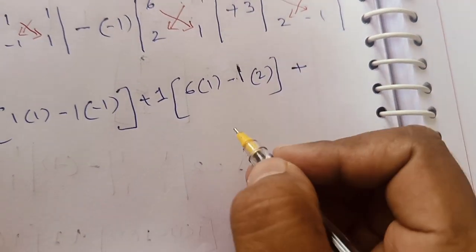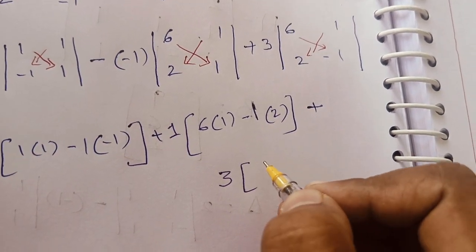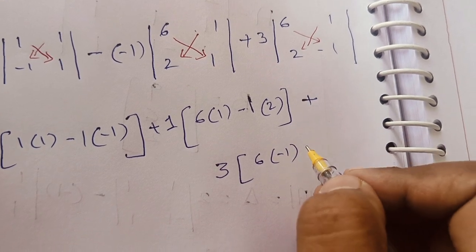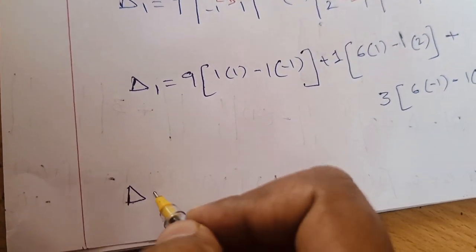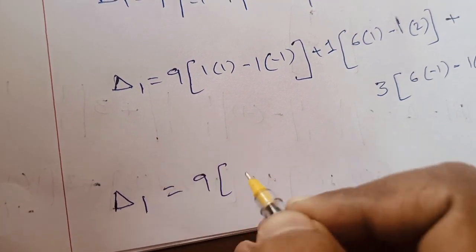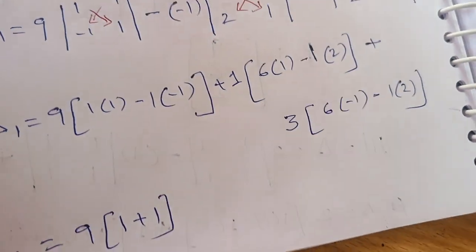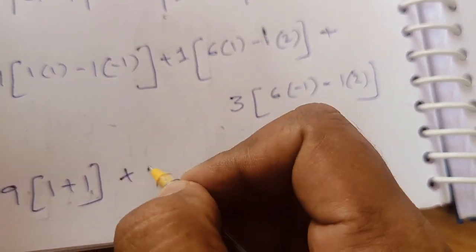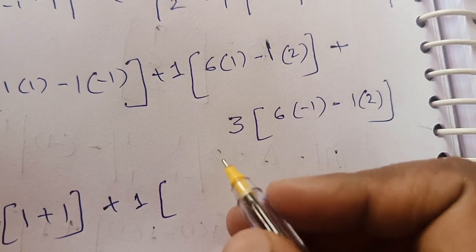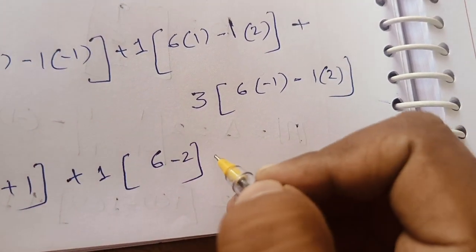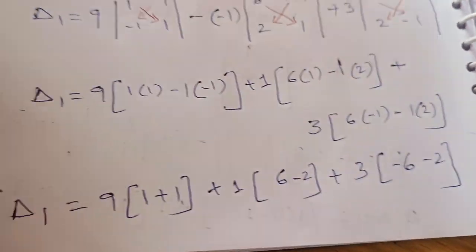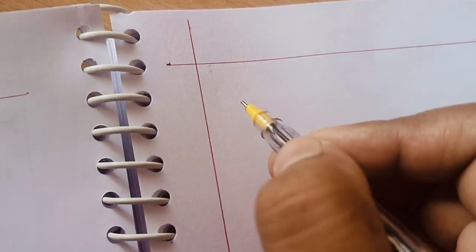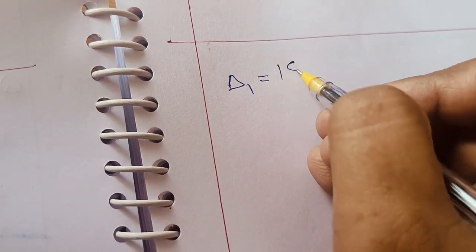Next plus third term is 3 into 6 into minus 1 minus 1 into 2. So determinant delta 1 is 9 into 1 plus 1, plus 1 into 6 minus 2. And the last term is 3 into minus 6 minus 2. So 1 plus 1 is 2. 9 twos are 18.